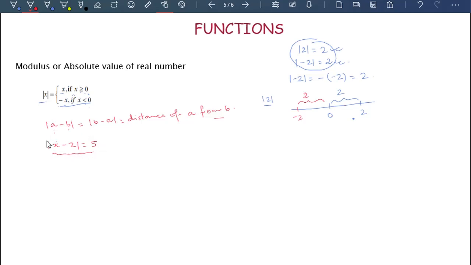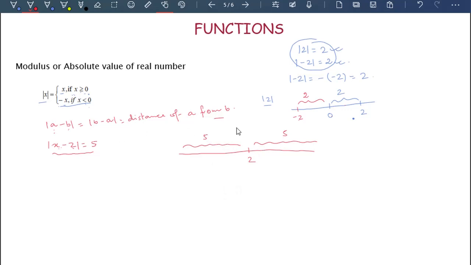Let us first convert it into words. Modulus of x minus 2, what is it? The distance of x from 2 is 5. So we write this is 2, and the distance of x from 2 should be 5.